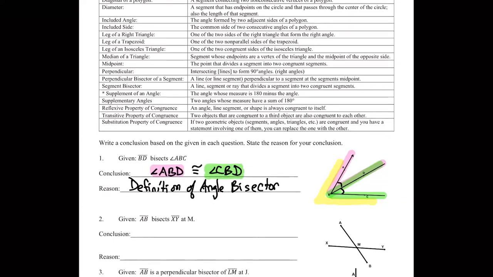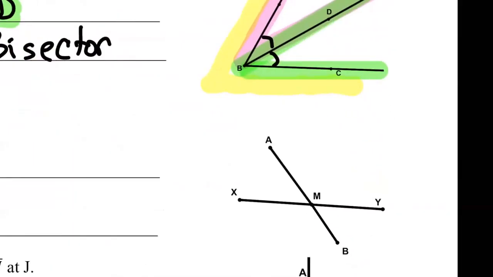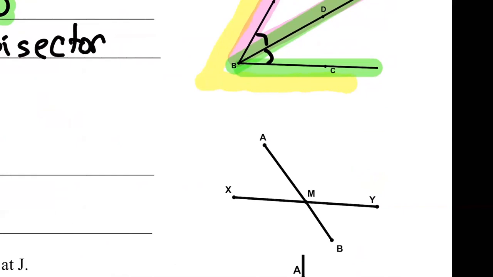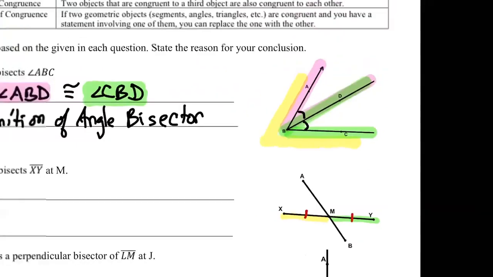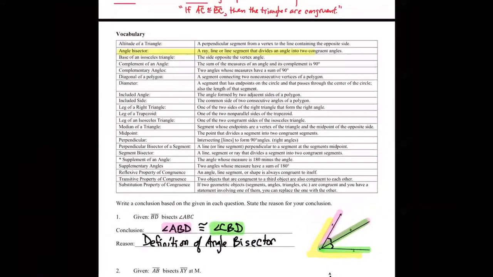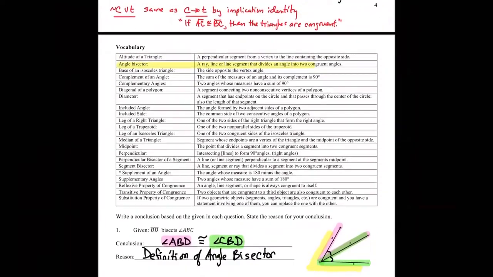So that's telling me that these two pieces, I wish I could get my highlighter to time with my actual speaking, these two pieces are halves of the whole, right? Which would mean that they're congruent to one another. And we could use the definition of a line bisector to cover that.